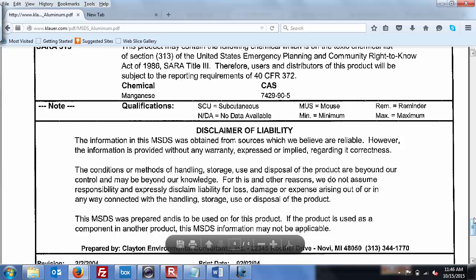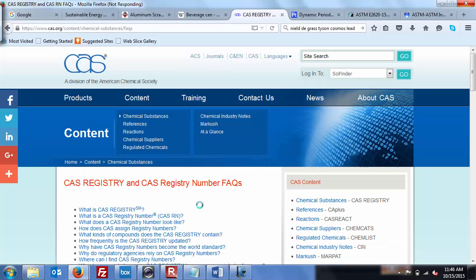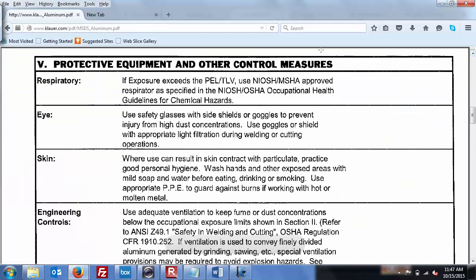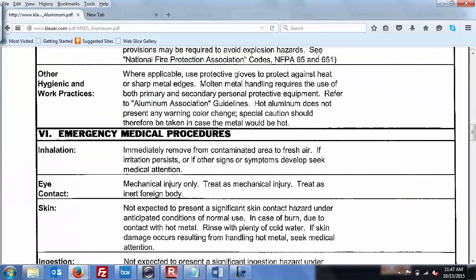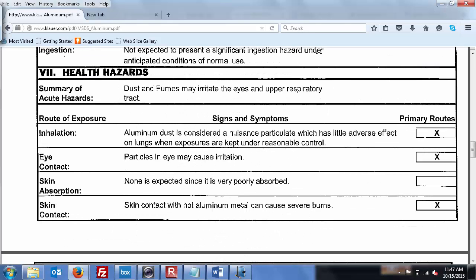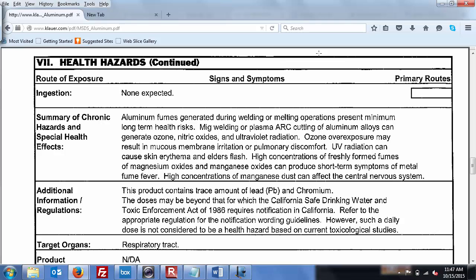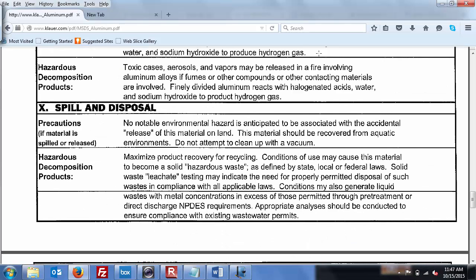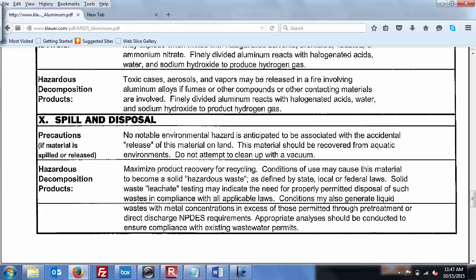So if we scroll back up here, it says maximize product recovery for recycling.